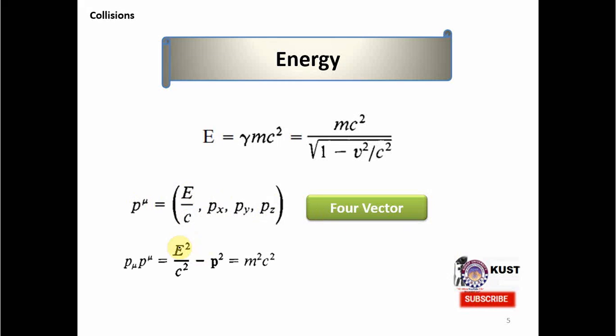And we can also calculate the momentum invariant, which is p mu p mu, and this can easily be calculated by taking the square of it. So this will be E square by c square minus p square, and this is equal to m square c square, because if you multiply it with c square and do this calculation, you will get m square c square equal to this.